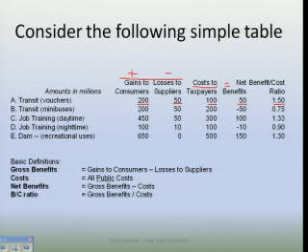Now this demonstrates to us right off the bat, imagine this is all part of a budget package, that the benefit cost ratio that was the highest had the least net benefits. The net benefit calculation that was the highest, $150 million, among the viable projects had the lower benefit cost ratio.